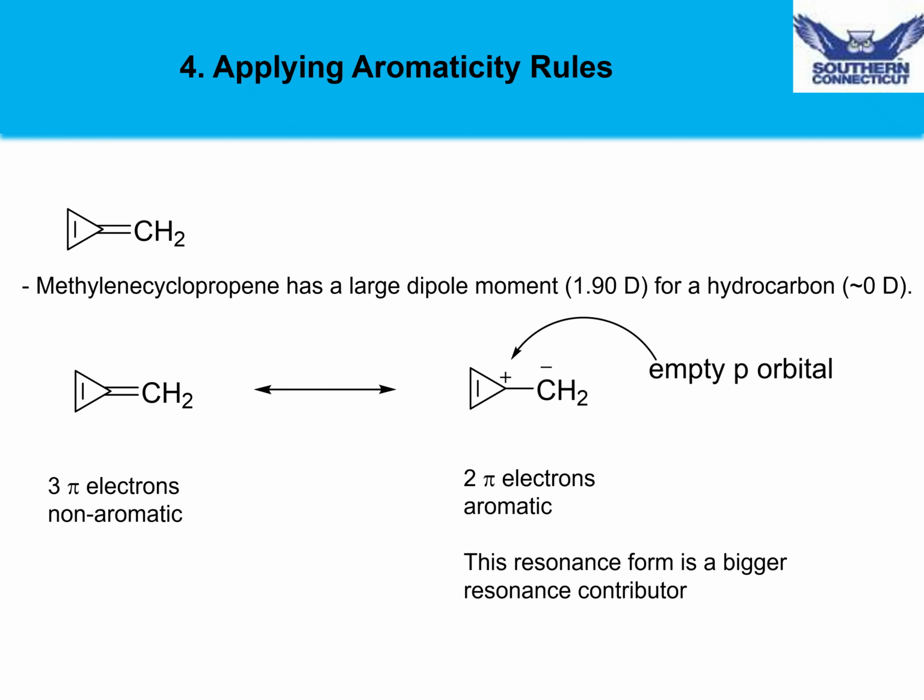In other words, they're very nonpolar, so their dipole moments usually tend to be around 0 debyes. However, this particular compound, methylene cyclopropene, has a fairly large dipole moment, somewhere around 1.9 debyes. The reason for this has to do with a resonance form, as you'll see in a moment, that is highly polar.